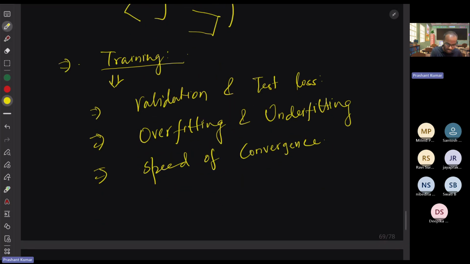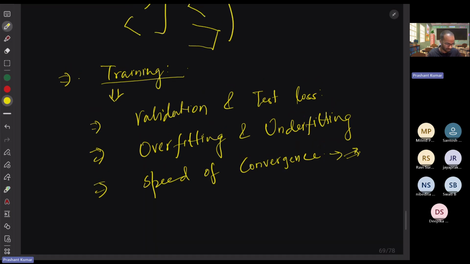For the third one, we discussed that batch normalization, or generally any normalization, helps in increasing the convergence. You can get the loss smaller in fewer epochs compared to without normalization. And then there is a discussion of which normalization is better.